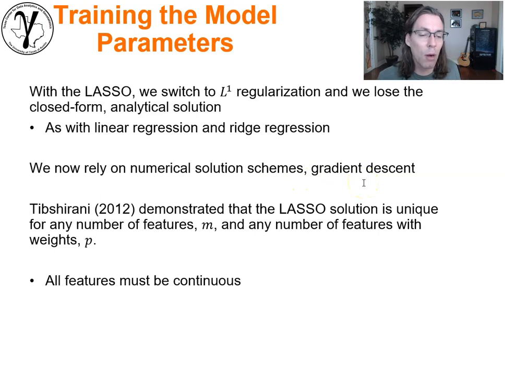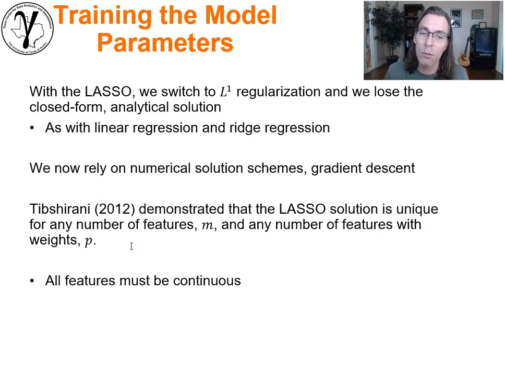We'll talk much more about gradient descent when we get into gradient boosting later on in this course. But there has been a recent paper that demonstrates the lasso solution is unique for any number of features that actually have weights. P in this case would be features that remain for a lambda value, in other words, haven't been zeroed out, because remember, this is equivalent to feature selection.